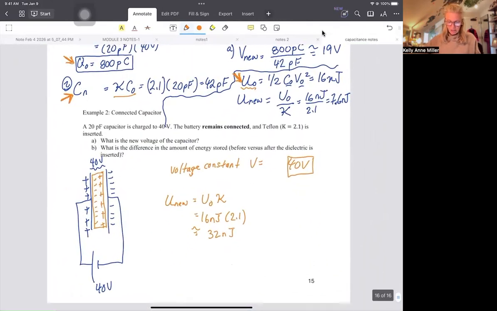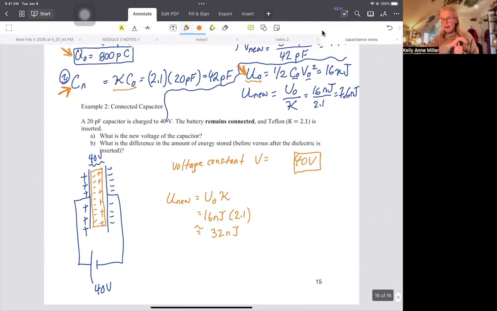Let's just say that for this question, there's no question that asks about the new charge, but let's say we were asked to calculate the new Q. When you insert the dielectric, if the plates are still connected to the battery, we know that you can pack more charge on the plates.